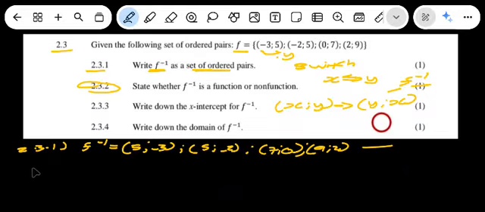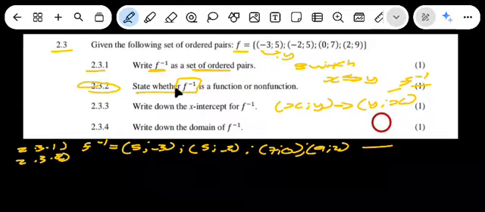We have 2.3.2. It says state whether the inverse is a function or non-function. Obviously, the inverse is a non-function. You must know that.